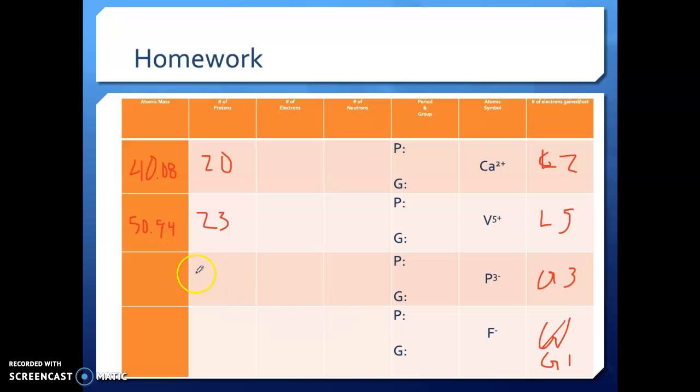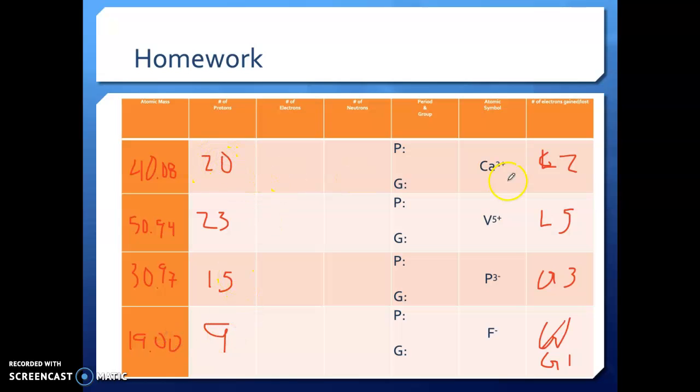Phosphorus, the atomic mass is 30.97. Its atomic number is 15. Fluorine is atomic number 9, so 9 protons, mass of 19.00. Different periodic tables might be slightly different in their numbers.